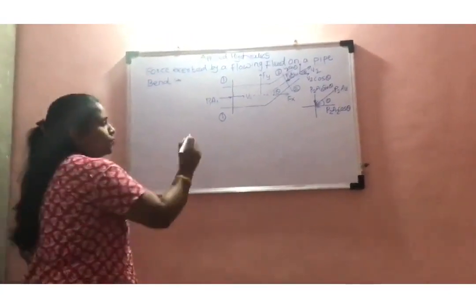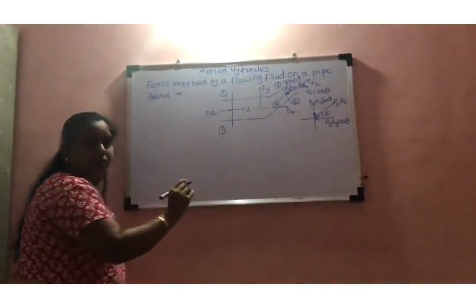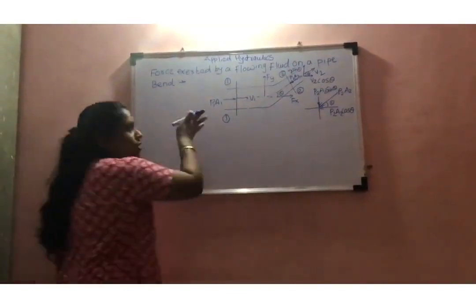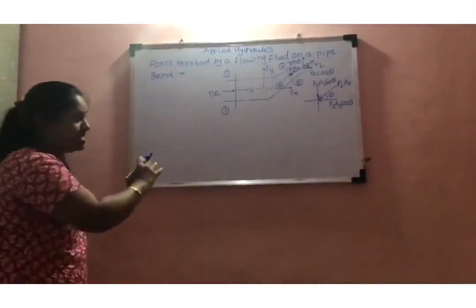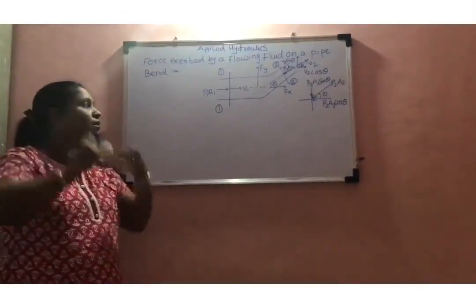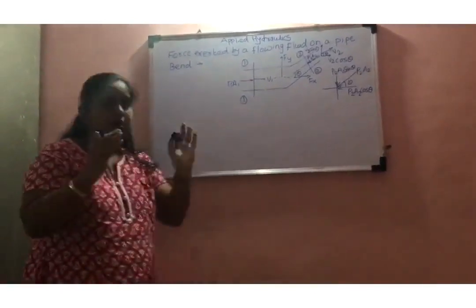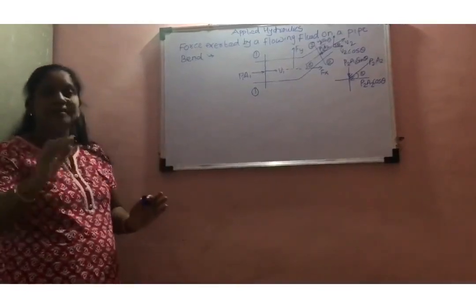Okay. So now, along with these forces, as per Newton's third law, when the flow is flowing through this pipe, obviously the reaction will be taken by the bend, or rather the reaction force acting on the flowing fluid by the bend.